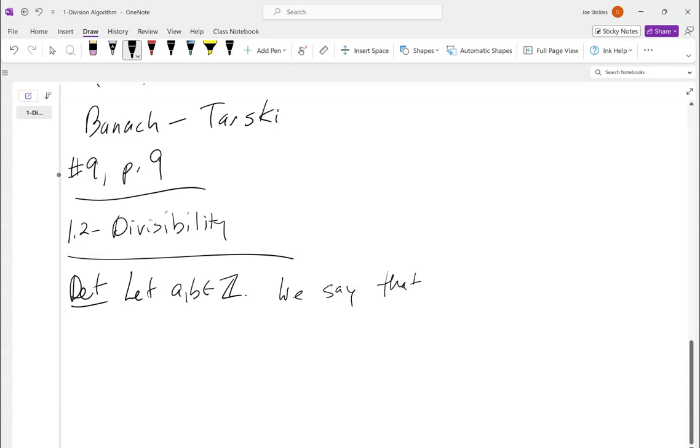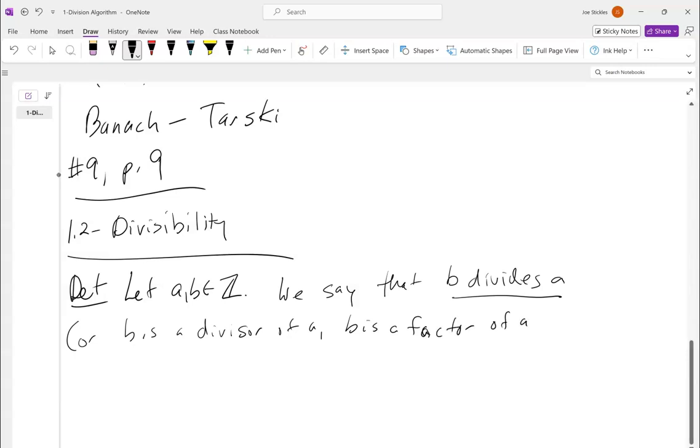that, in lots of different words, B divides A. Or B is a divisor of A. B is a factor of A. Or A is a multiple of B. All those mean exactly the same thing.